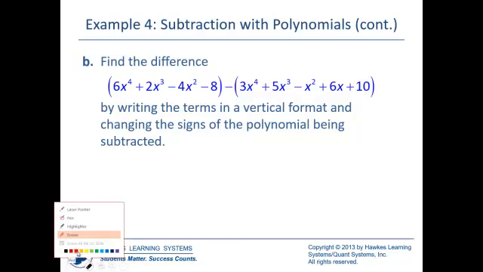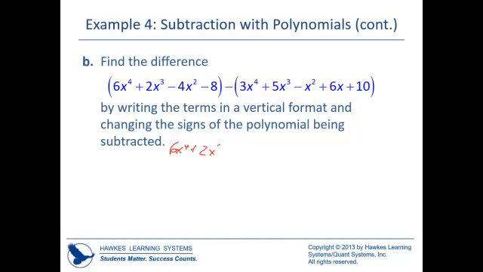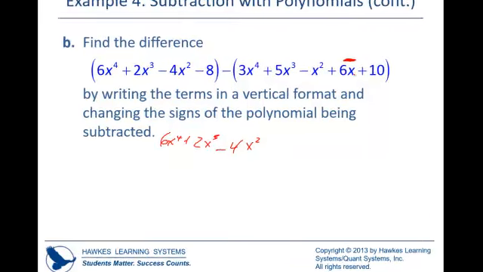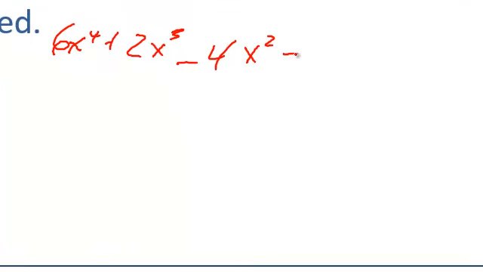Here we go. Alright, so I got 6x to the fourth plus 2x cubed minus 4x squared. And so now I want to put a place value for my x to the first. So I'll add a 0x here, and then negative 8.